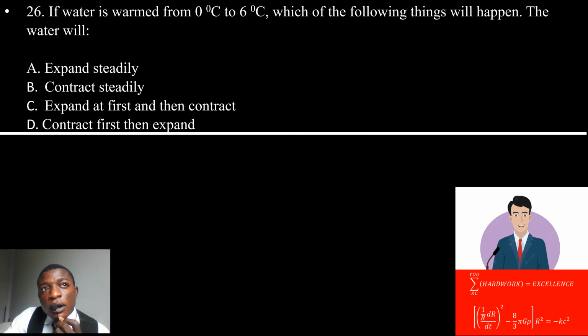And so when you get closer and closer to 0 degrees Celsius, where the water has to freeze, you realize that the water is continuously expanding, such that when it eventually freezes, the same mass of water now has a bigger volume, and so the density has reduced. And so that's why ice floats on water.